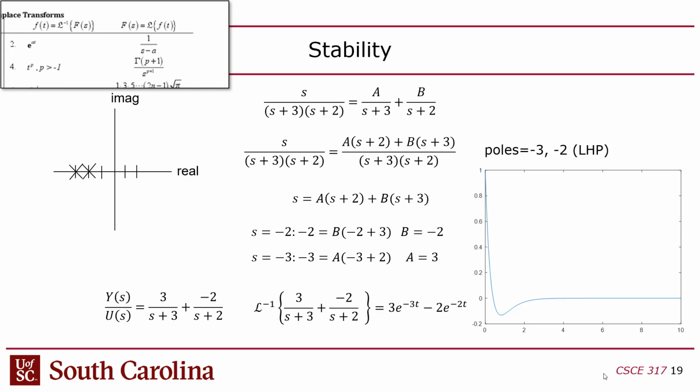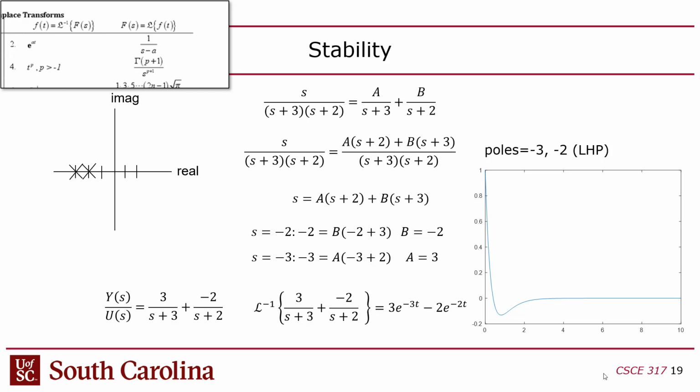So what ends up happening is, if you hit this one with an impulse, it's kind of funny. It starts out at 1 when you give it an impulse. So you give it an impulse, and the output immediately goes up to 1, which is the impulse. But then it comes down, it overshoots 0, and then it comes back up, and then it stabilizes here at about 0, right?